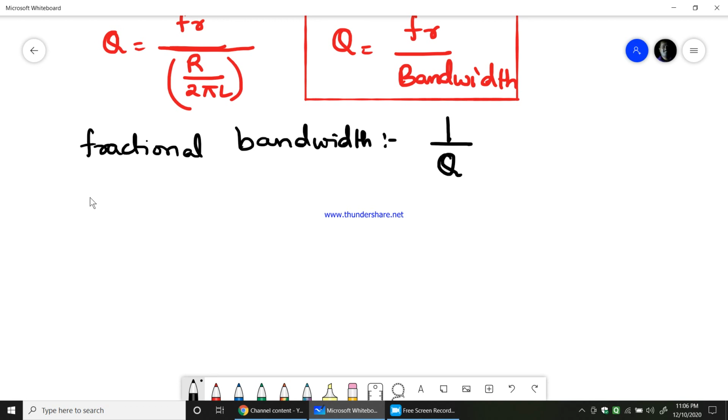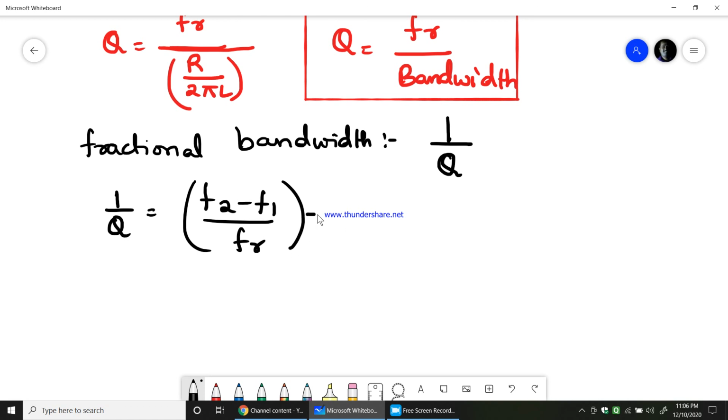Therefore 1 over quality factor is equal to f2 minus f1 divided by fr. F2 minus f1 is the bandwidth, so this f2 minus f1 by fr is normally referred to as the fractional bandwidth.